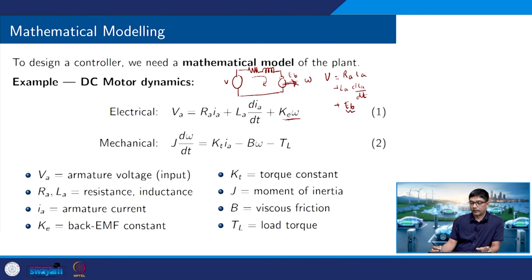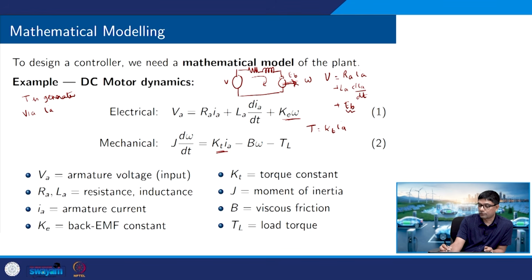Okay, now the second thing is what generates a torque. The torque is generated via the armature current, and for now I do not need to go into the details of this. So, the torque will be Kt times i_a, and this torque has to take care of the moment of inertia of the shaft.